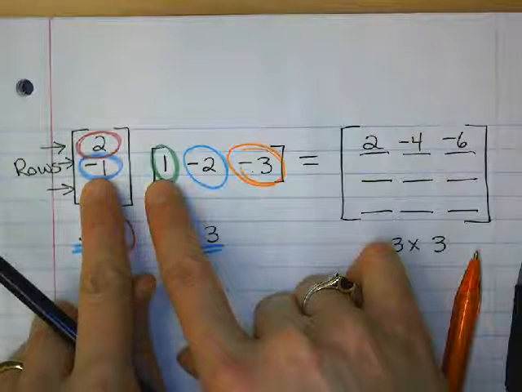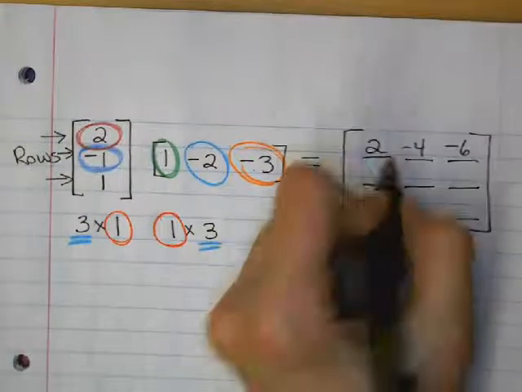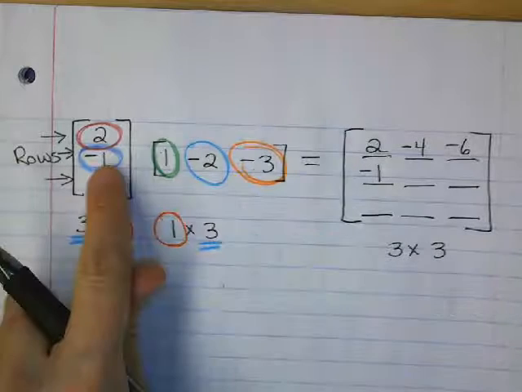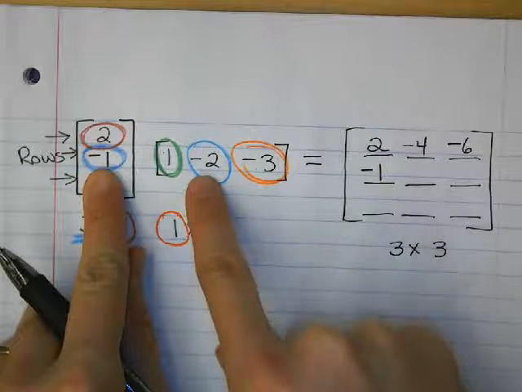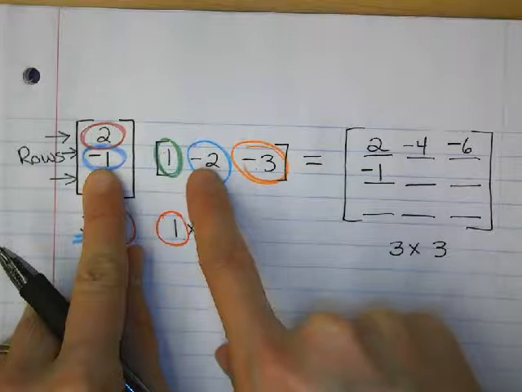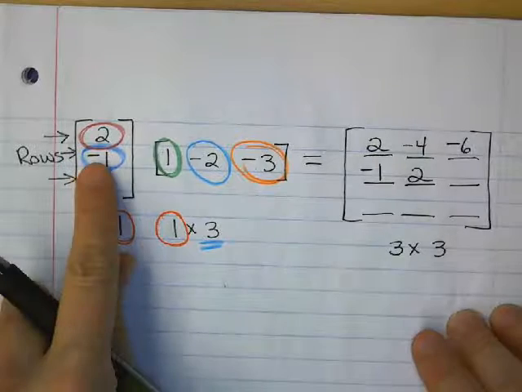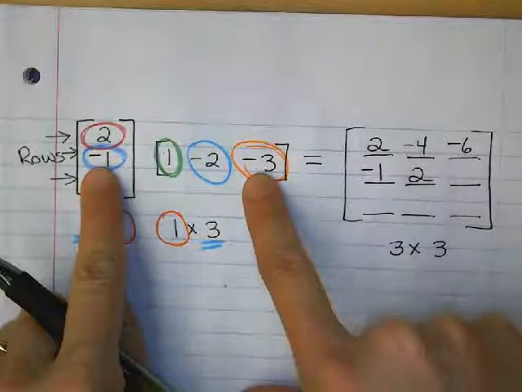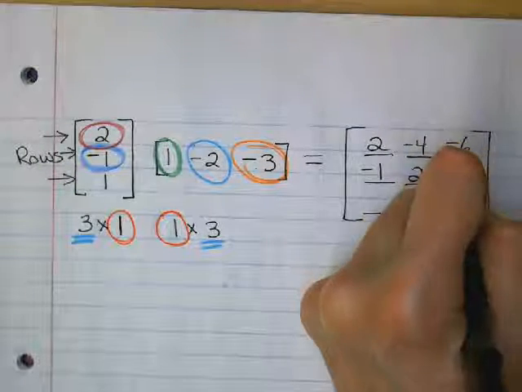Row 2, column 1. So that'd be -1 times -2 right here. Negative times a negative turns to positive, so that'd be a 2. This row times this column, that'd be a 3. Negative times negative again, so it turned to positive, 3.